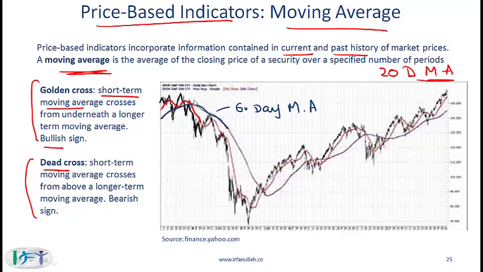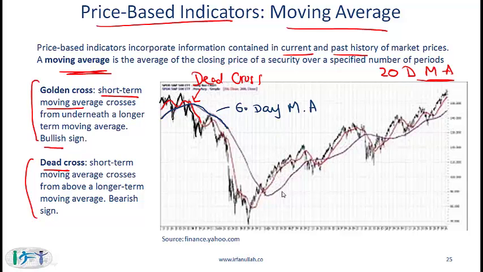So if you look at this cross over here, this is a dead cross because the red line, which is the shorter term moving average, is crossing from above and going under the 60-day moving average. This is telling us that the recent prices are heading downwards. So the momentum is down, and that is why this is a bearish sign.